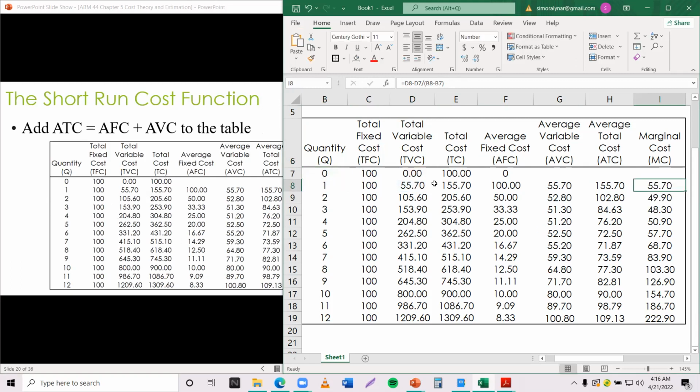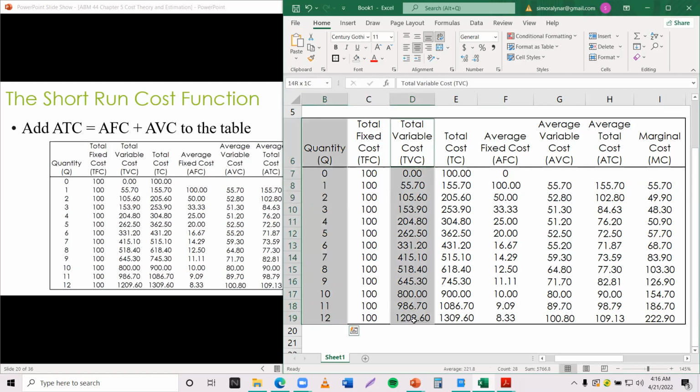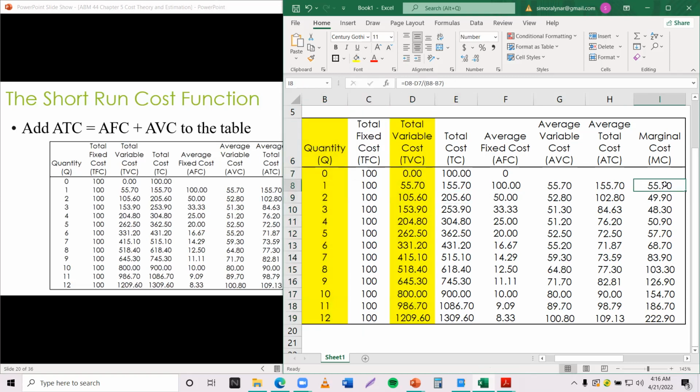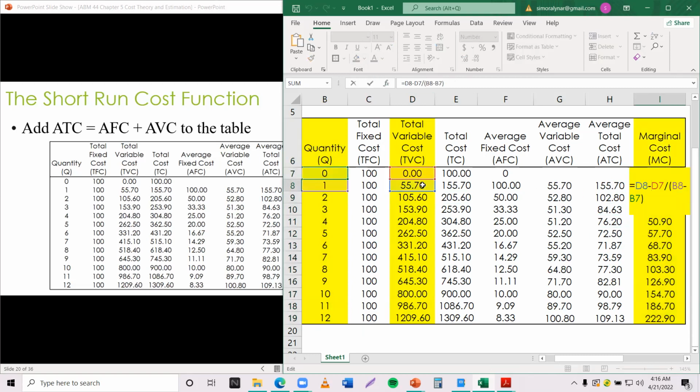So this is actually the present minus past value. Okay. Both values here para mas klaro sa inyo. Present minus past, okay, that would be 55 minus 0 over 1 minus 0. So we'll get a value of 55.7.